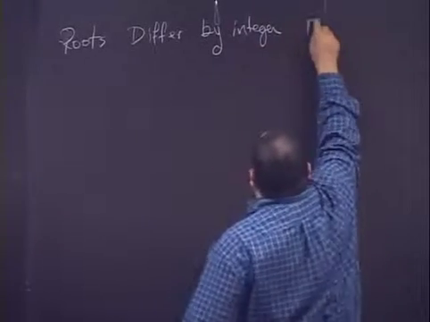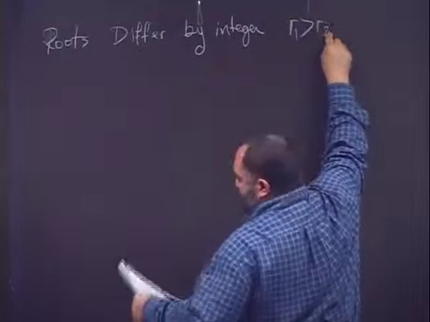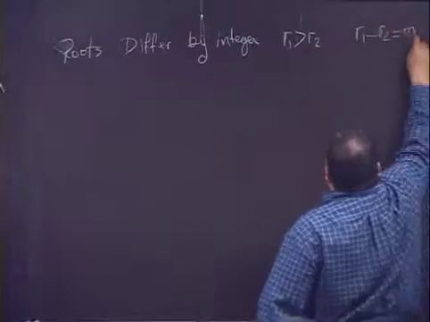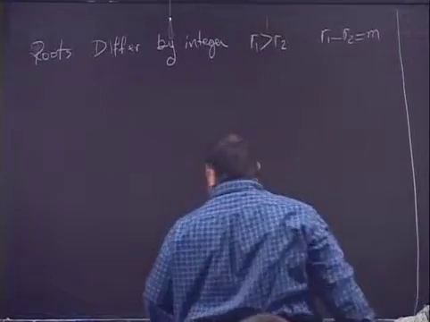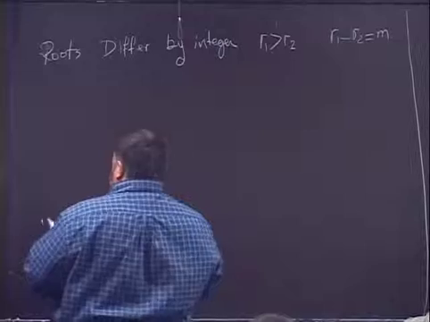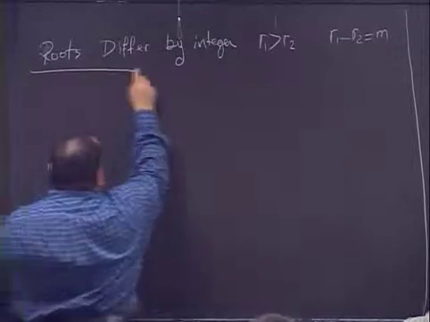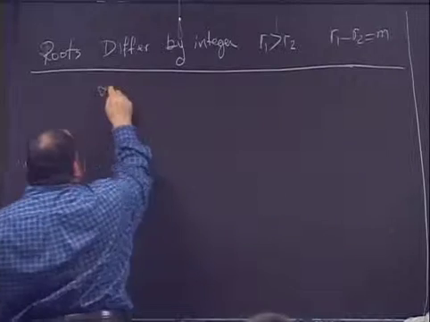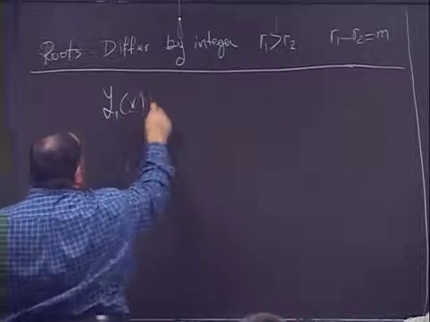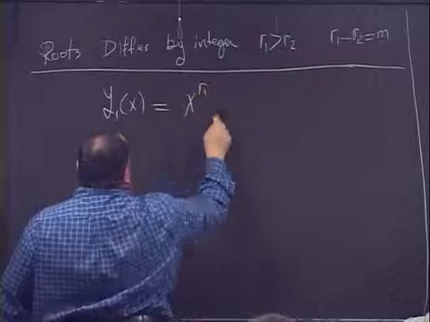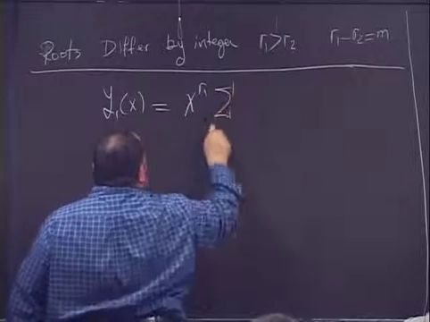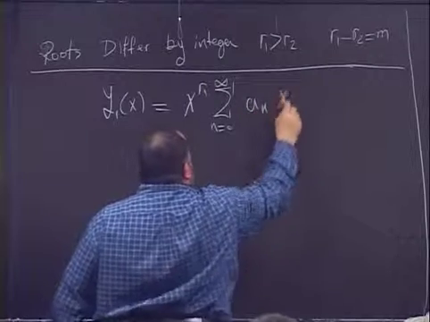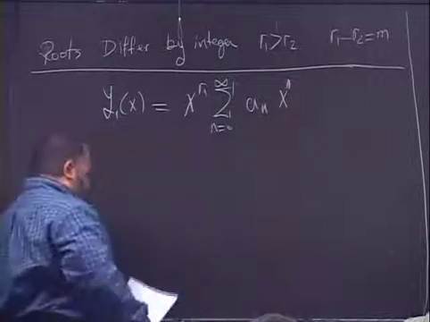So let's say R1 is greater than R2, but R1 minus R2 is equal to some integer m. So again we will have one solution where y1 of x will be equal to x to the power of R1, the summation from n equals 0 to infinity of an x to the power of n.